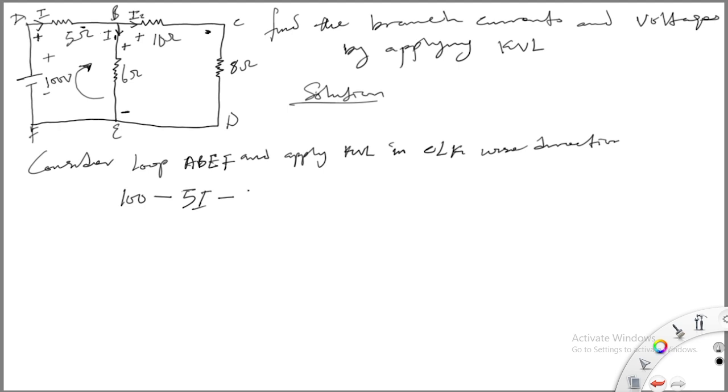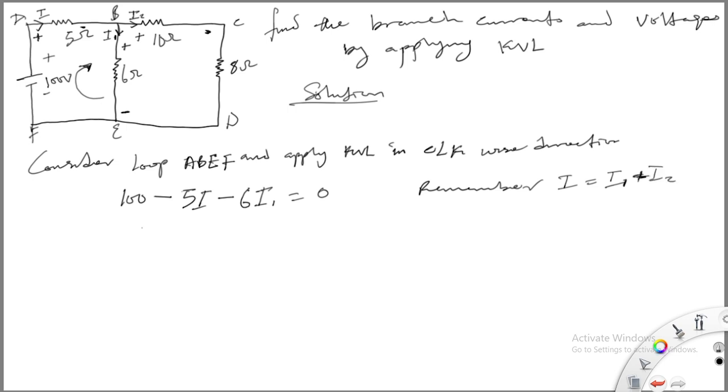We are considering this loop. Minus 6, voltage drop, remember from positive to negative is voltage drop, minus 6I1 is equal to 0. But remember I is equal to I1 plus I2.